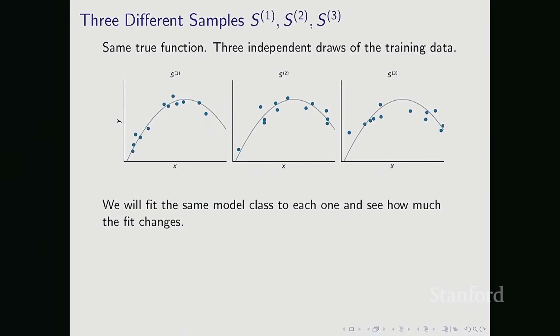All right, so let's imagine we produce 3 different samples of that data set, S1, S2, and S3. They're just different draws. Now you could imagine that they're drawn randomly if that makes you feel better. Right now they're just 3 different draws of the data set, okay? Underneath is the same true function, so all the xi's are the same.